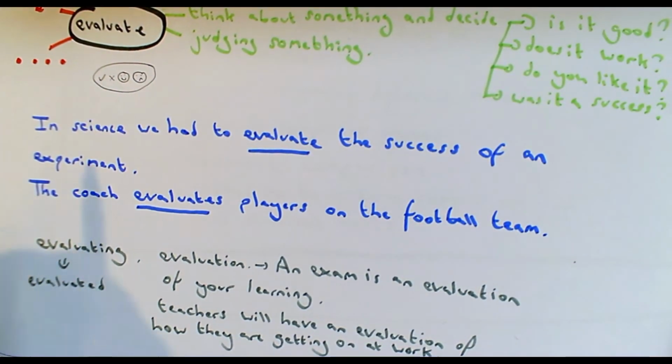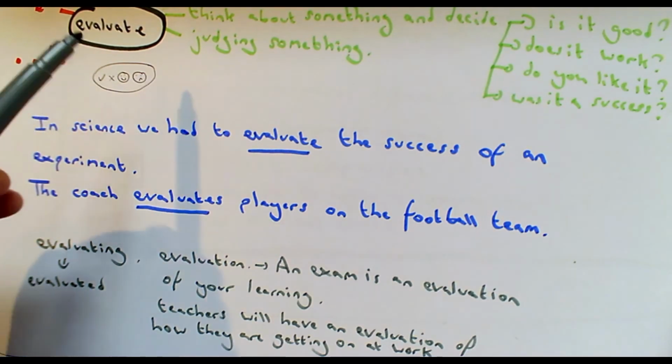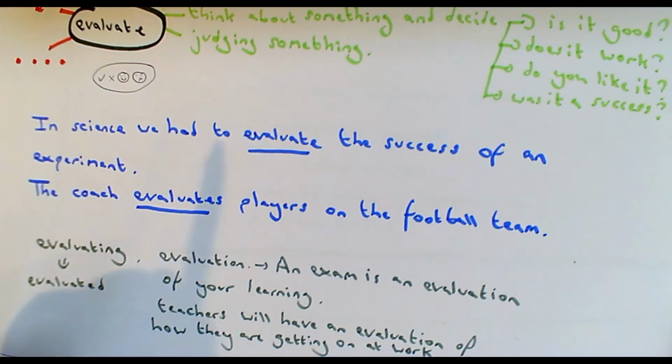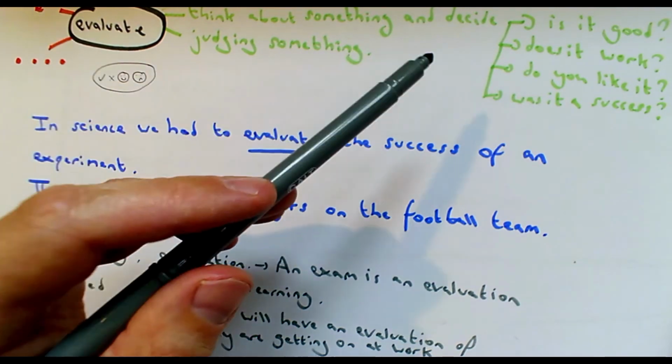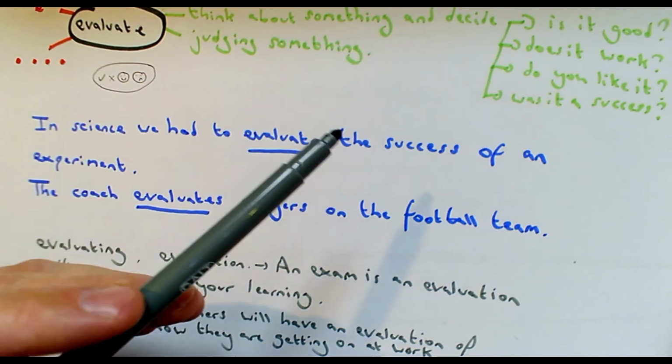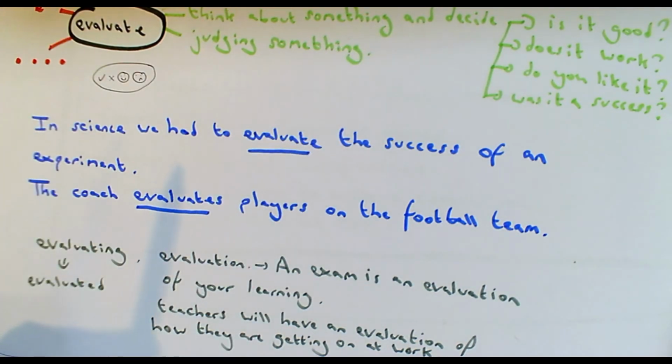So that is our word map here for evaluate. Think about the sound structure, begins with an I, and what we're doing, we're thinking about something. We're deciding, we're judging. Is it good? Does it work? Do you like it? Was this a success? In science, you might evaluate the success of an experiment. In sport, there's a lot of evaluation. Coach might evaluate players on the football team.